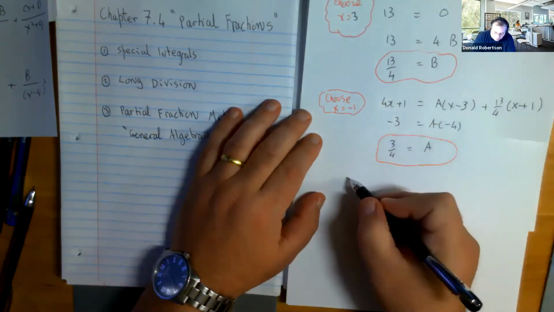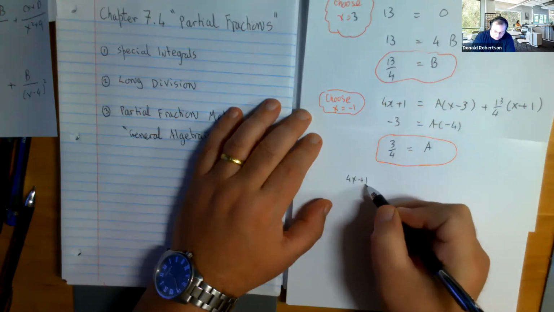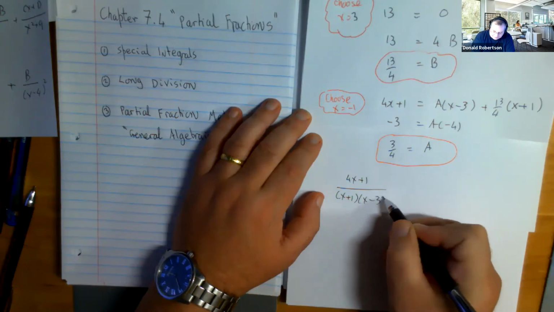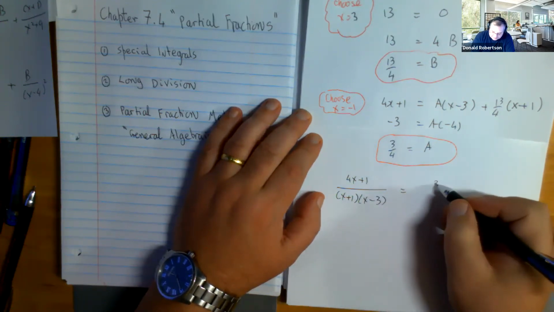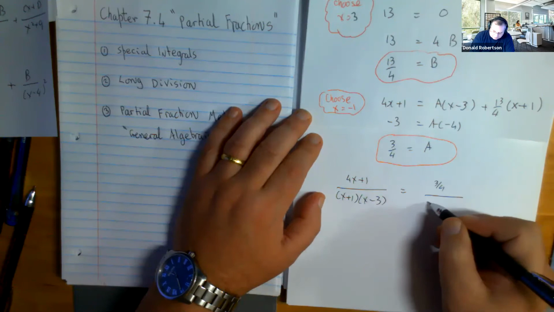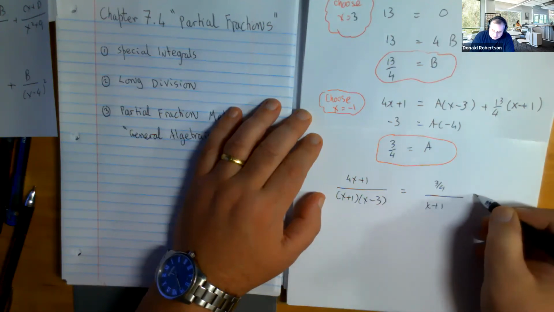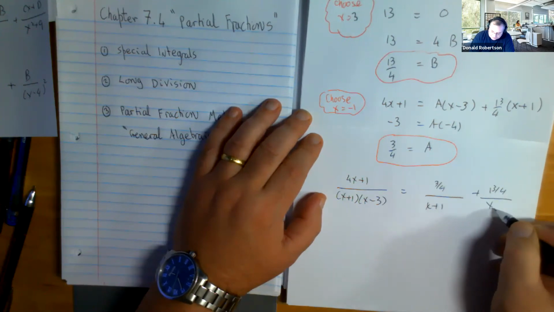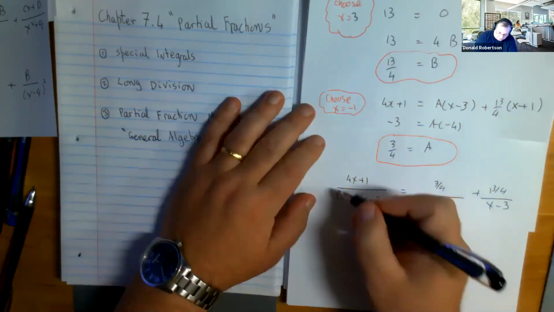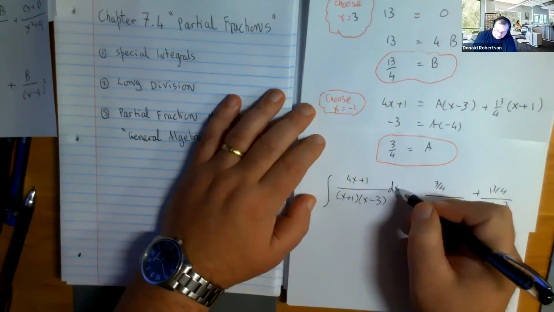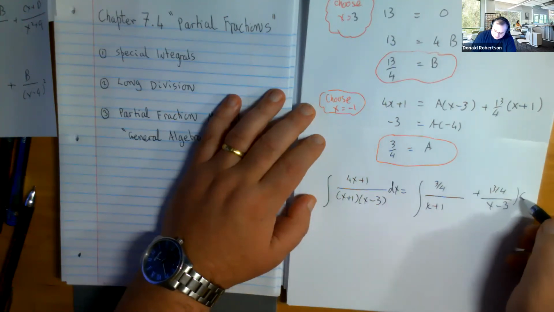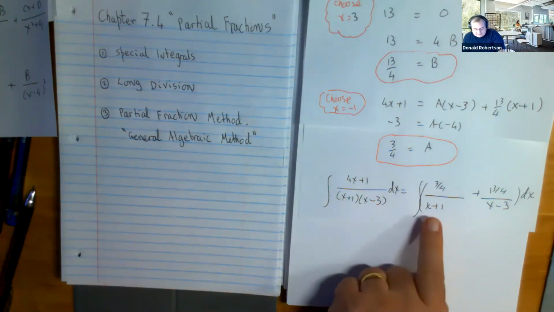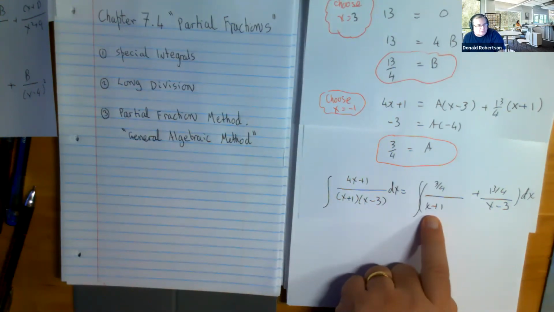So we now know that the original fraction is equal to a over x plus 1 and b over x minus 3. Now suppose you wanted to integrate this, then don't you just integrate the partial fractions? Isn't that the log of x plus 1?